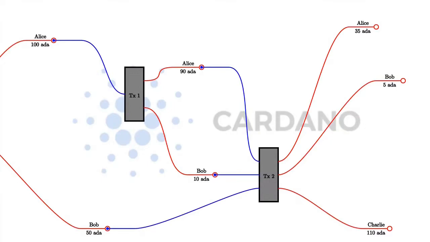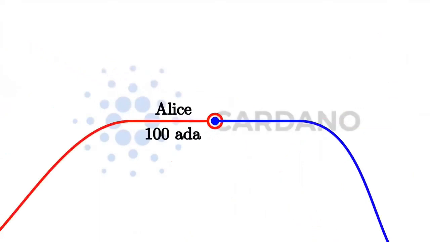Everything I've explained so far is just about the EUTxO model, not the extended EUTxO model. So this is all just a simple UTXO model. And the extended part comes in when we talk about smart contracts. So in order to understand that, let's just concentrate on one consumption of a UTXO by an input.